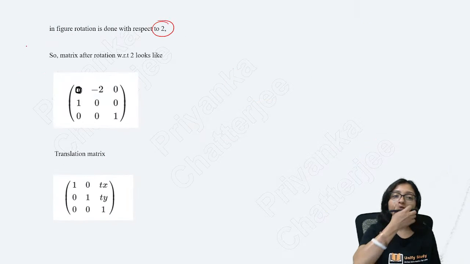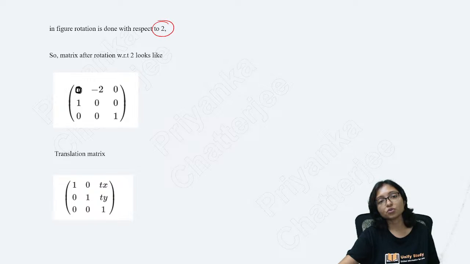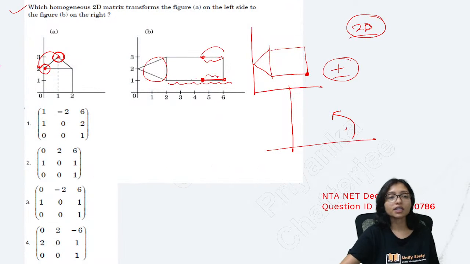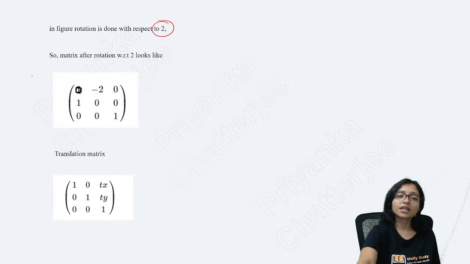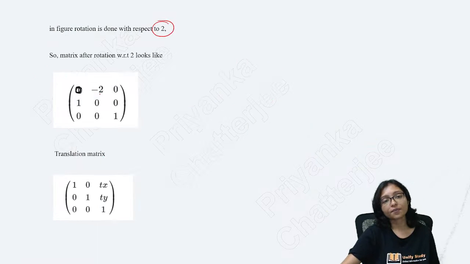And that's why I will put the value of 2 with respect to 2. To which point is it? It is actually the 0, 2 position. Right? 0, 2 position. So that's why my value will be changed here. This one will be changed to minus 2. I will multiply. After that the translation factor.